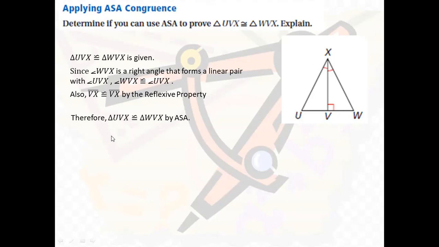So we could say triangle UVX is congruent to triangle WVX by the angle side angle property, theorem or postulate. This is how you need to use it. Yes, it needs a bit of thinking, because as soon as you see the picture, you need to understand what kind of information they have given. It takes time, but practice is the only key which can make it perfect.